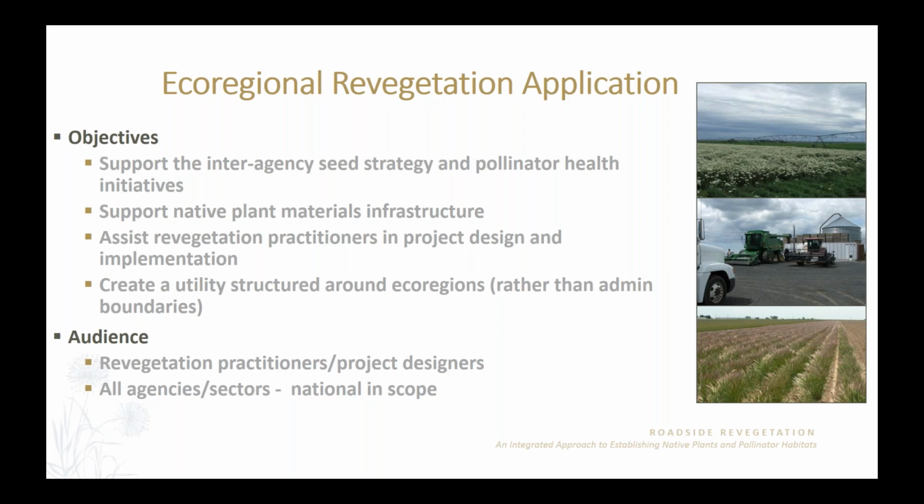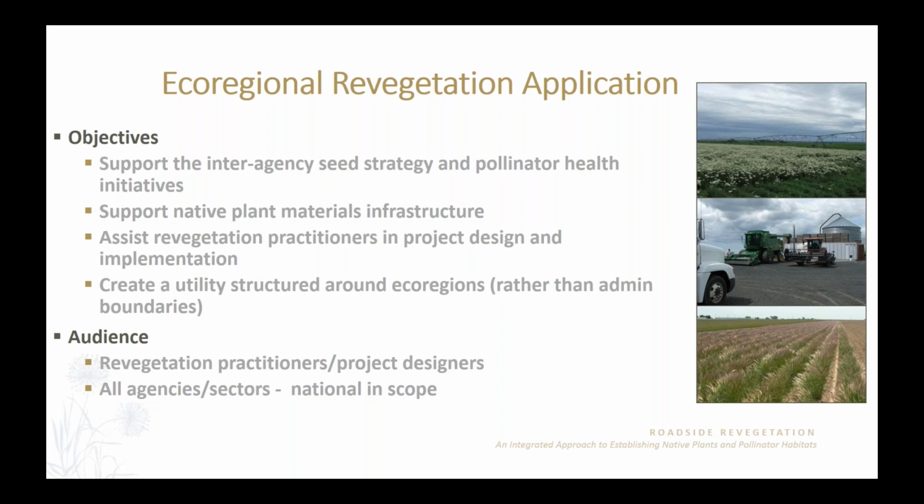And there's a lot of plant selection utilities out there, and typically they're organized around administrative boundaries like states, counties. There's a lot of good utilities out there, but there wasn't really something that was organized around ecological or biological boundaries. So the skeleton of this utility is based on EPA Level 3 ecoregions.